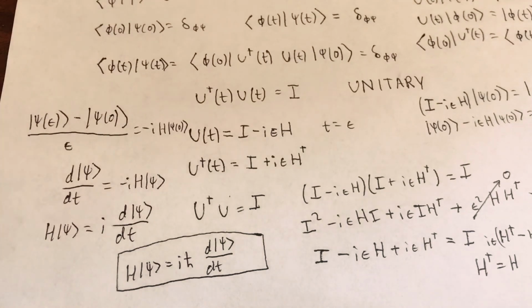When we find what H is, it turns out to be the observable energy. The reason we represent it as H is because of the Hamiltonian, which is a term in classical mechanics that represents the total energy of a system. That's all for now.